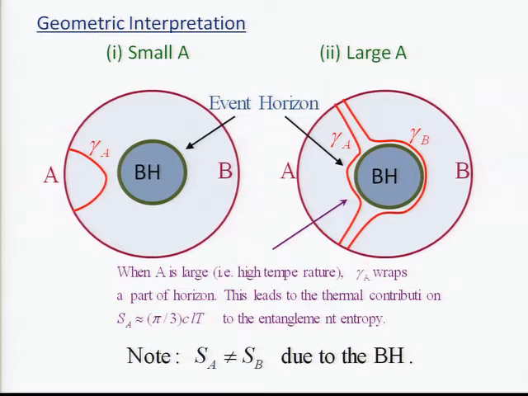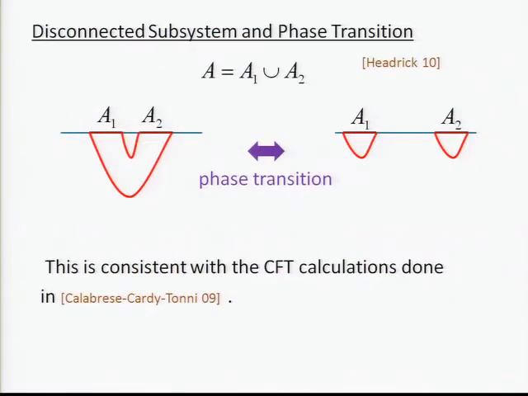And we can naturally extend this analysis to higher dimensions. Also, I'd like to mention another point, about disconnected subsystems. So far, and for the rest of my talk, I'm assuming that the subsystem itself is a connected submanifold. But sometimes we can also consider disconnected subsystems, like subsystem A consisting of this interval plus this interval.